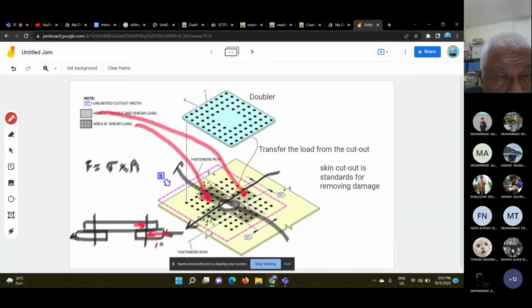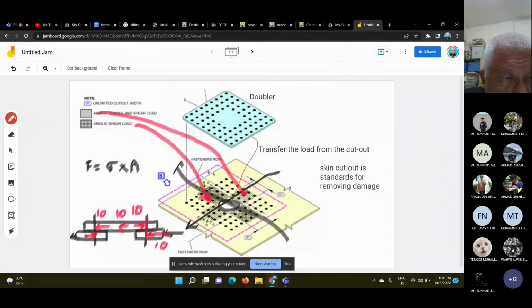If you got 10 Newton here from the skin, it hits this rivet, and then transfers up 10. And then the load will travel 10 Newton over the skin, and they hit these rivets, they transfer the 10 Newton down.